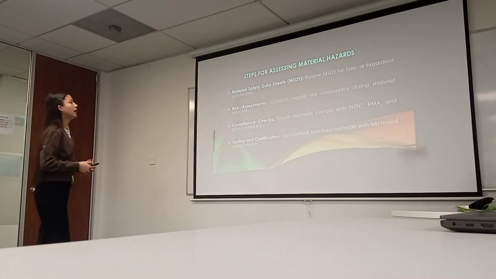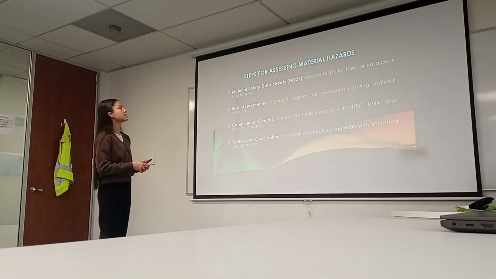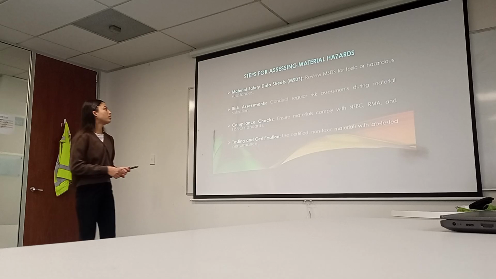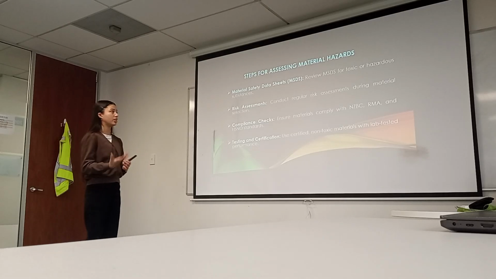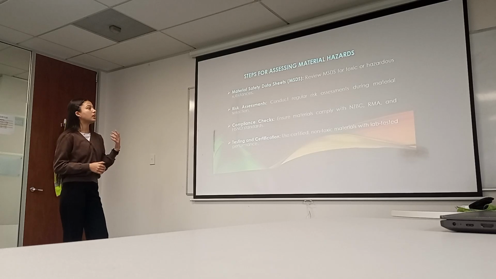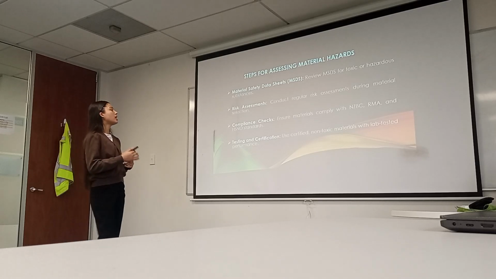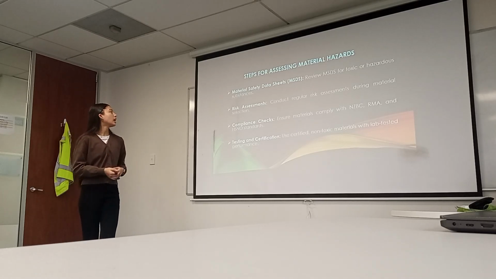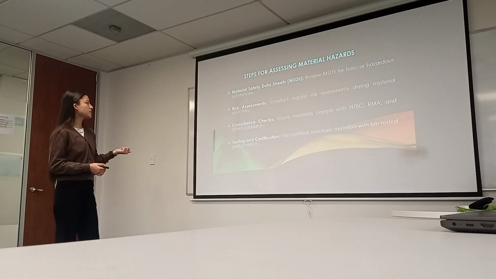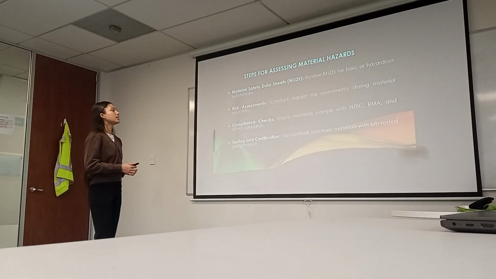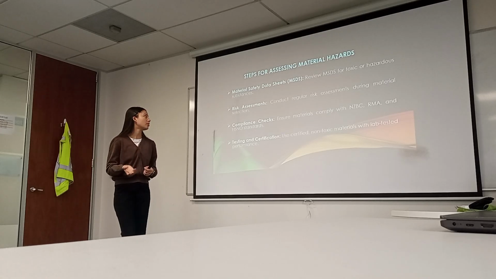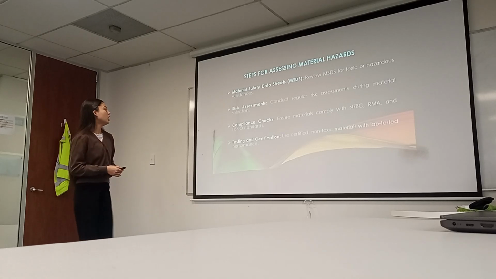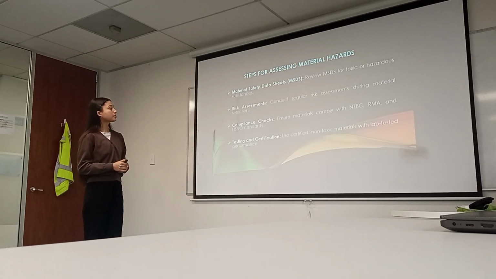And the last topic is steps for assessing material hazards. First, material safety. We have to see whether the materials are safe or not, like reviewing their toxic or hazardous substances. The second one is risk assessment. We have to evaluate whether there are any risks while selecting materials. Third, compliance checks.